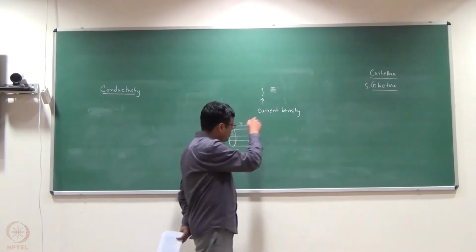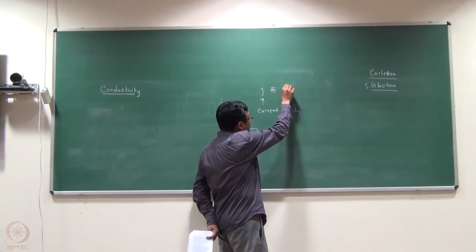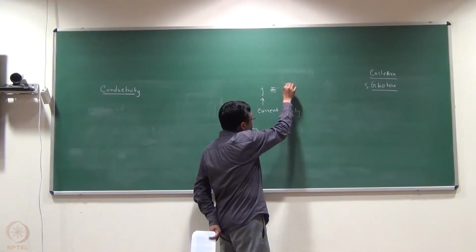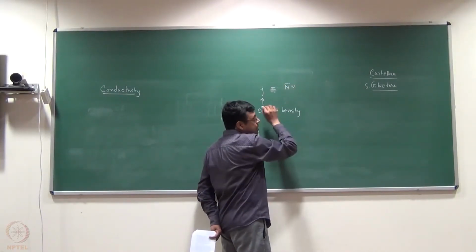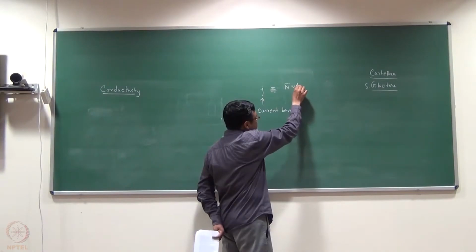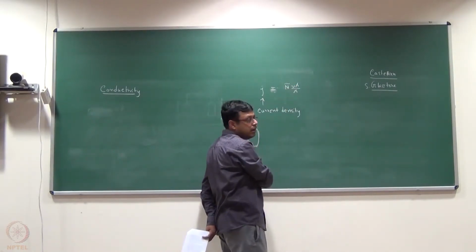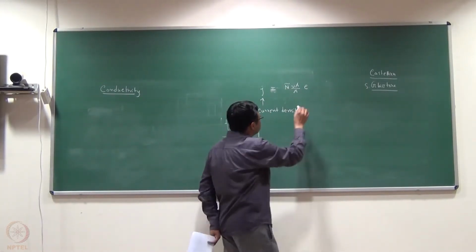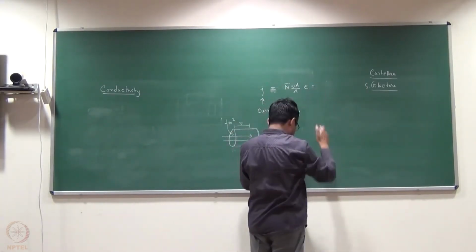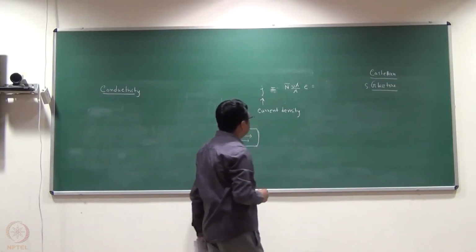So by definition, my current density will be the density of electrons, which I am writing as N tilde, times v. How is v coming? It is v times area divided by the area, that is the volume, right? And times e.